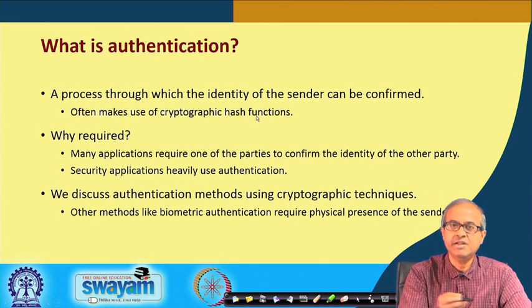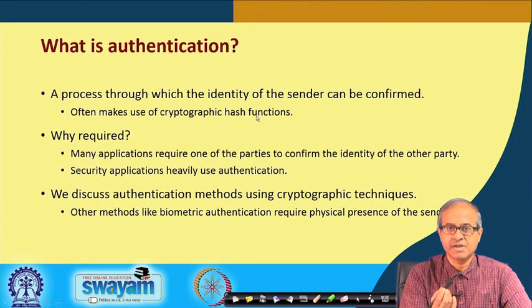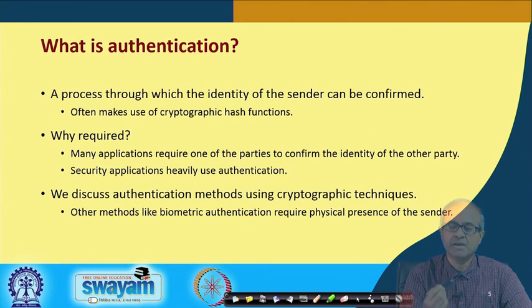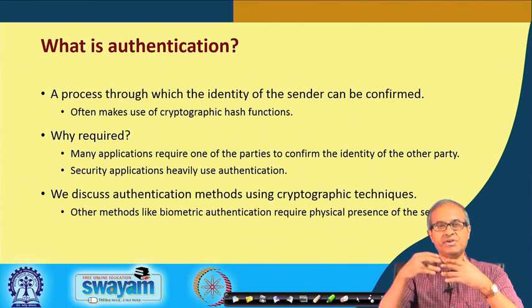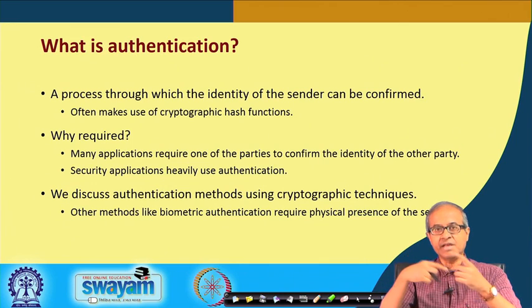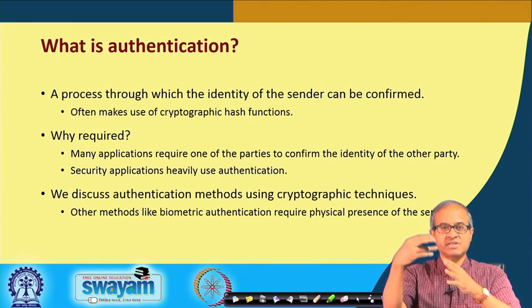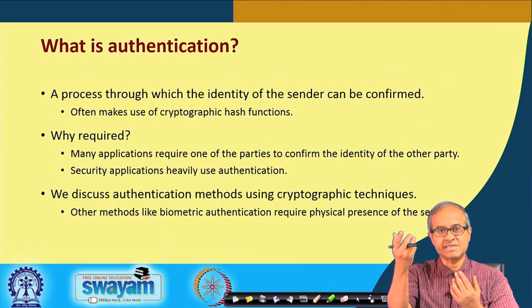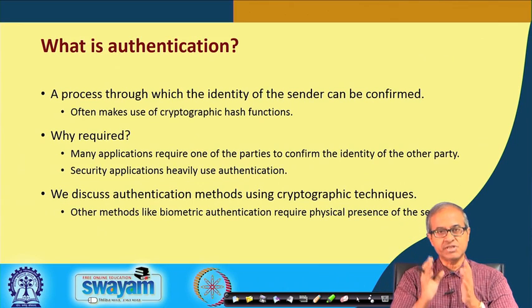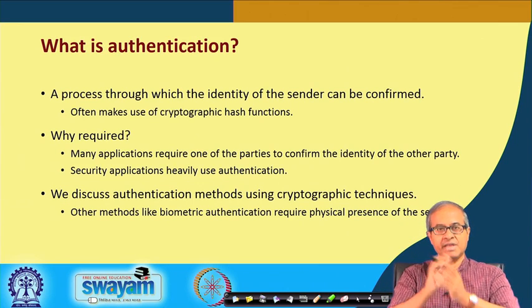So, as I said, we make use of cryptographic hash functions. Now, why do we need authentication? Because in the internet scenario, we really cannot see the other end of a communication. We are carrying out a communication supposedly with some person who I think that person is, but I have no way to confirm that exactly that same person is at the other end. So, authentication plays a big role in that respect.